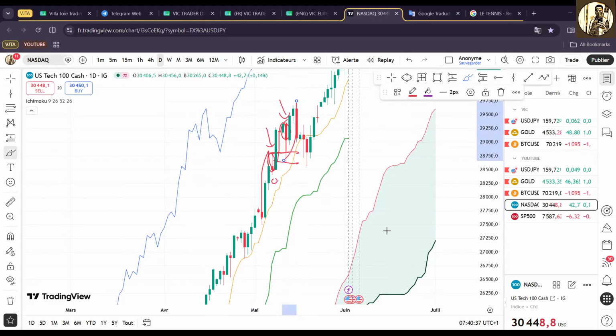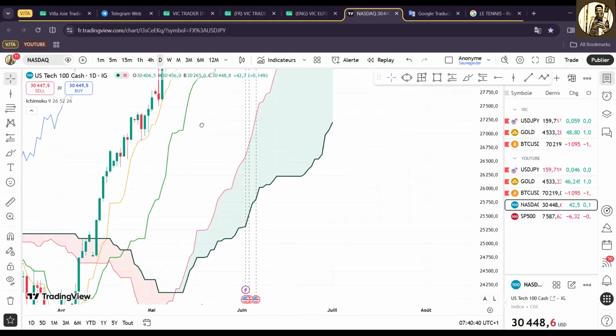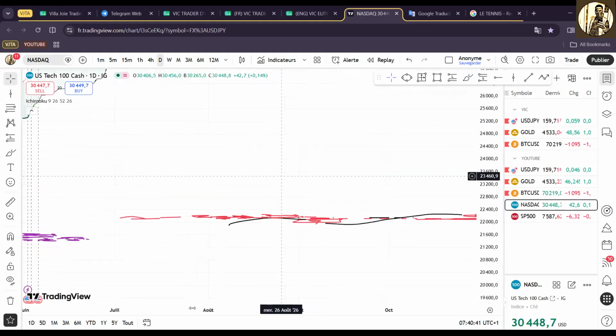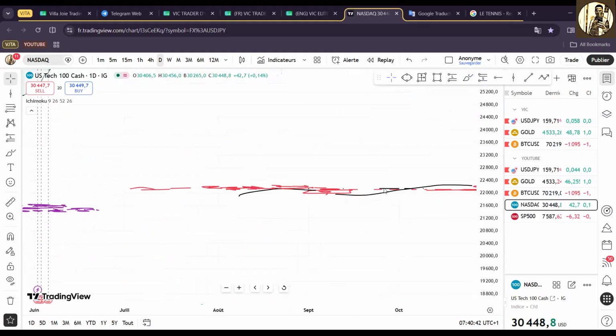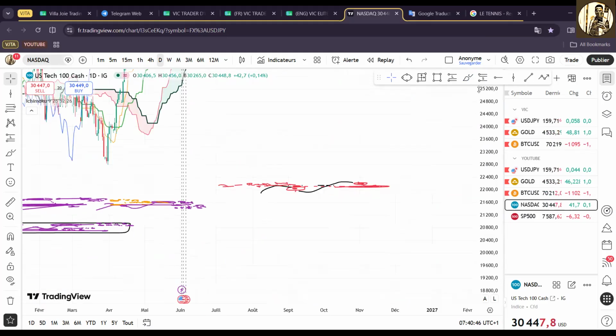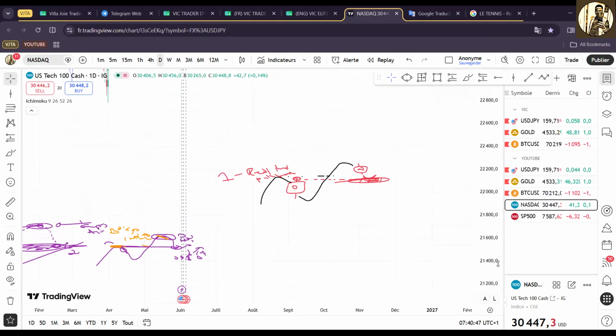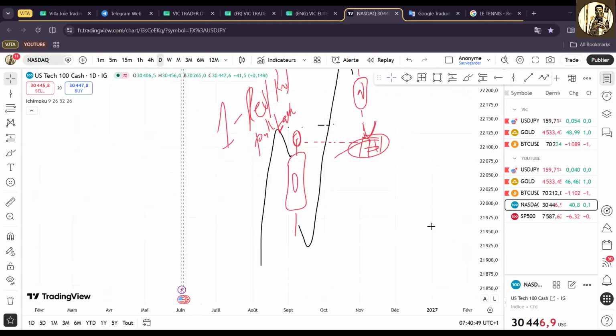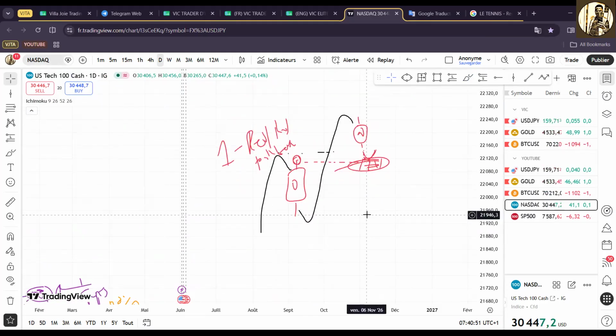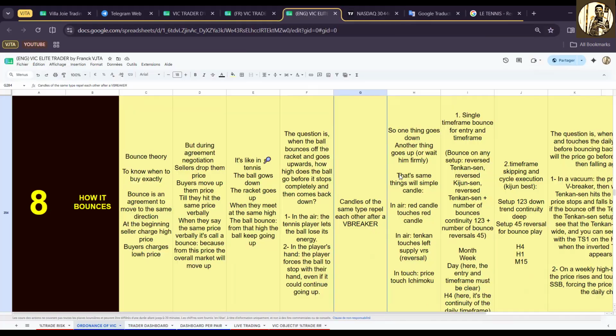So that's the first element of the bounce theory, the red pullback, or the red bounce candle. So two candles of the same color repel each other.